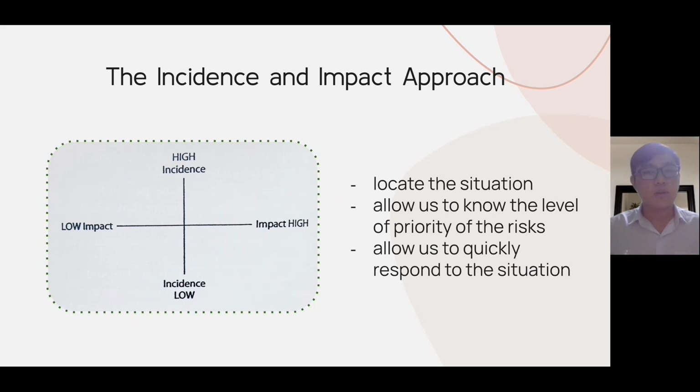Basically, this model can be used to help you to locate and plot your situation in order to know the level of priority of the risks, so that we can know whether it is something that we should consider tackling first. Because of that, it also allows us to quickly respond to the situation when we need to.